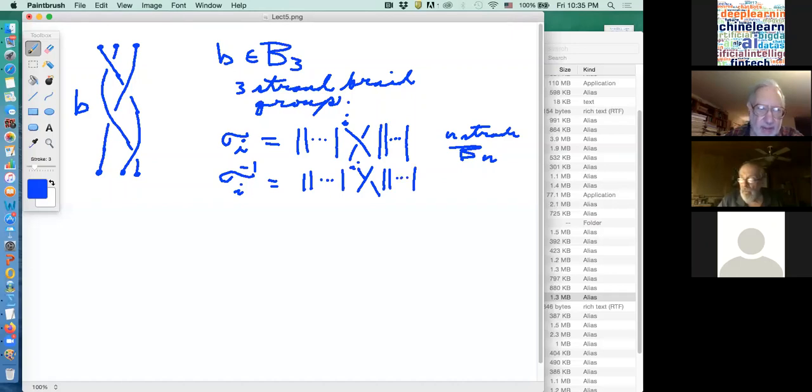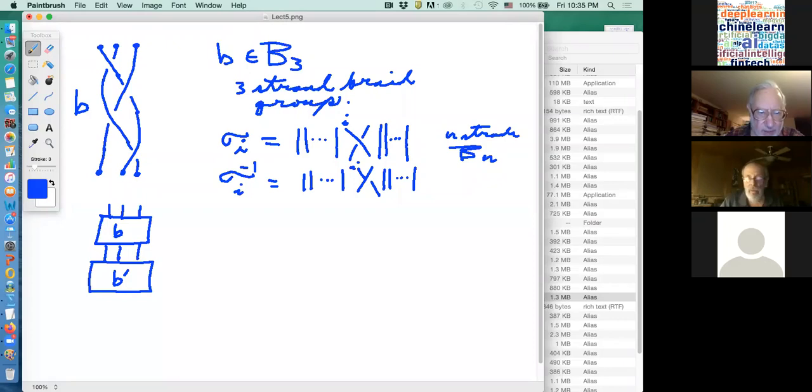And then we are taking braid multiplication by taking a braid. I'll just do 3 strands and another braid and plugging them into one another like this.